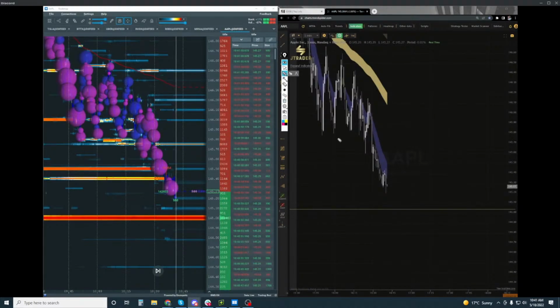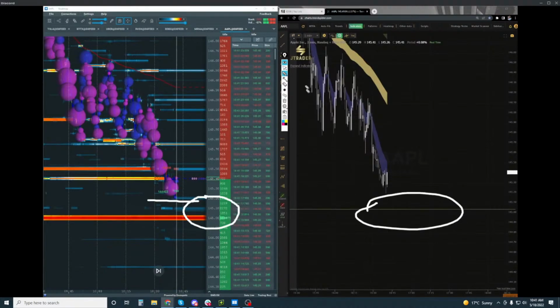You shorted, where should you cover? I would tell you when we start having higher lows and buyers, but I can also start to trim out near a big support demand level, because I'm expecting to start seeing buyers from previous months or weeks that are waiting for this level to get long. Okay, makes sense, traders?